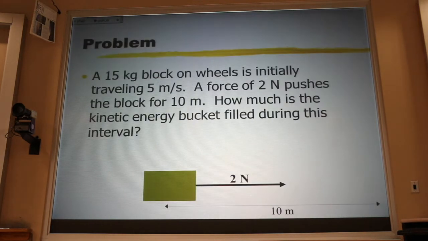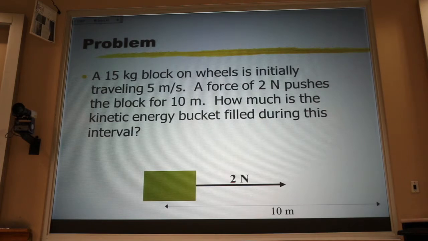Now we're going to start with an example in which the energy doesn't decrease, but instead it increases. If I have a 15 kilogram block that's mounted on wheels, and these wheels are made of the very finest steel from the very finest factory in Sweden. It was built by a craftsman, Sven.